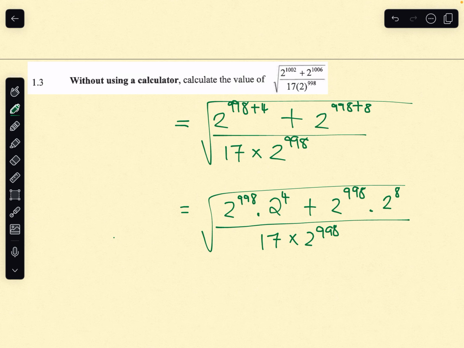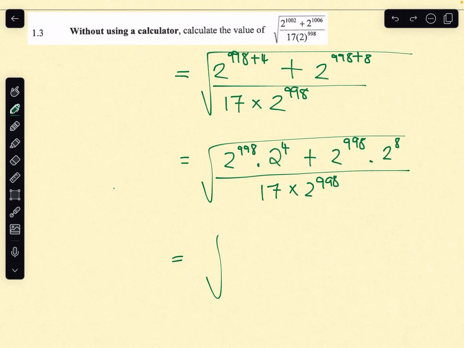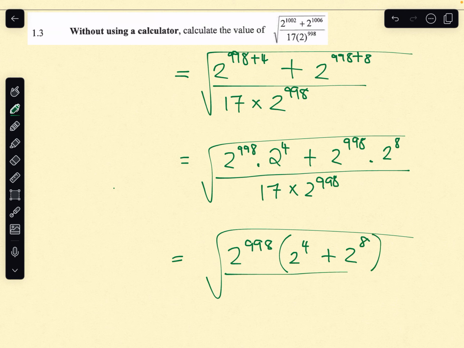So now we can see very clearly that we have a common factor at the top, the common factor being 2 to the 998. So we're going to factor it out. So first term we're left with 2 to the 4, second term we're left with 2 to the 8. Okay. So now down here we have 2 to the 998 times 17.